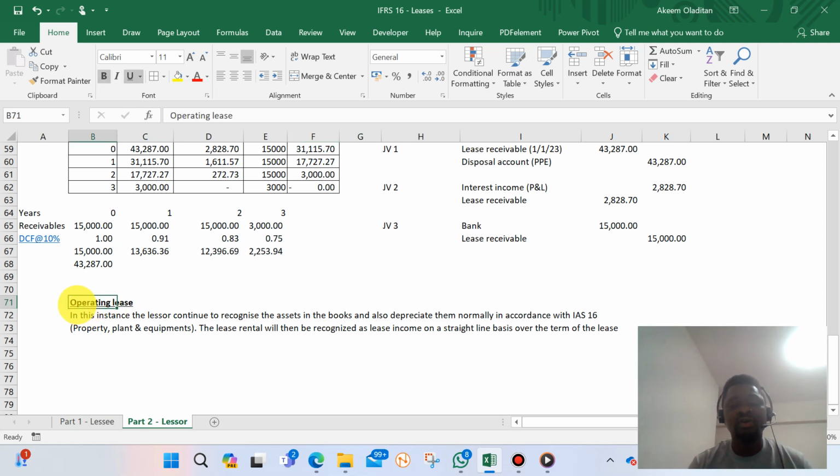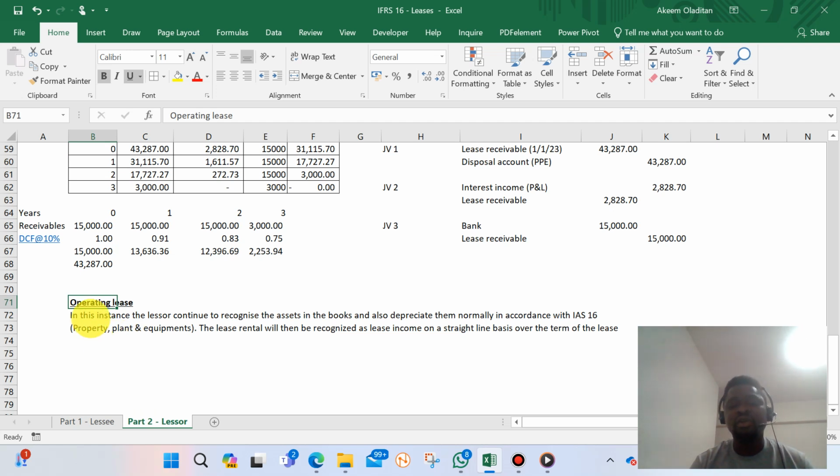For the operating lease, the standard says that if we have ascertained that the lease is not a finance lease, you understand, a finance lease is when you transfer risk and reward of ownership to the lessee at the end of the term of the lease. But in this case, that has not happened. It means that it is an operating lease, and in this instance, it's very, very straightforward.